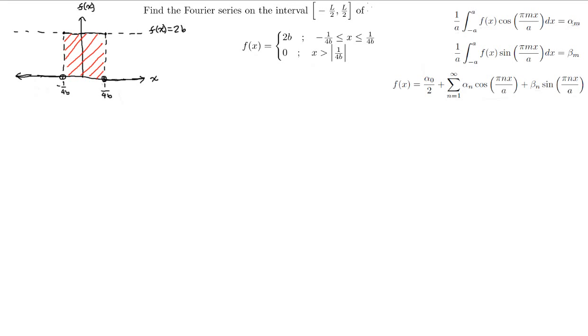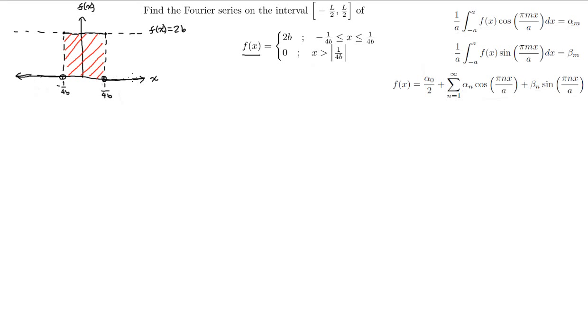And basically what we're going to be doing is we are going to find the Fourier transform of this f of x on the interval from minus L over 2 to L over 2, right? Now, the first thing to notice is, where would I put my minus L over 2?